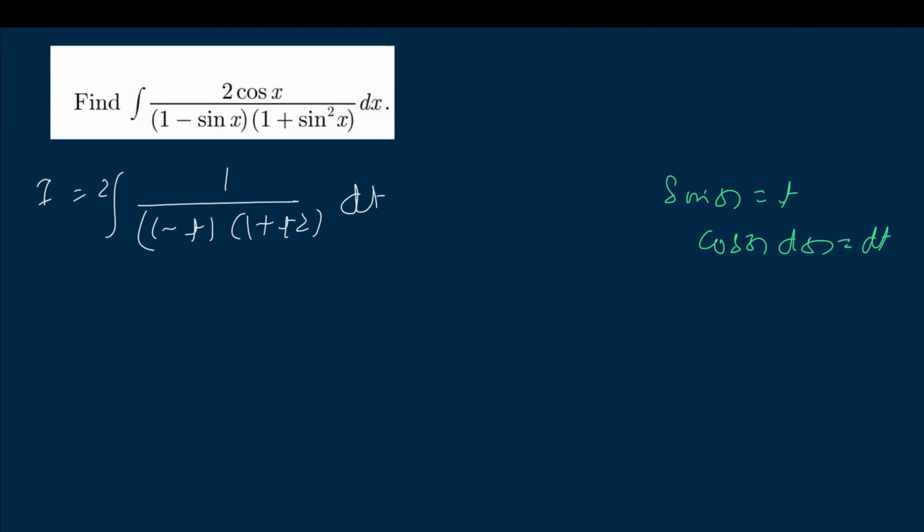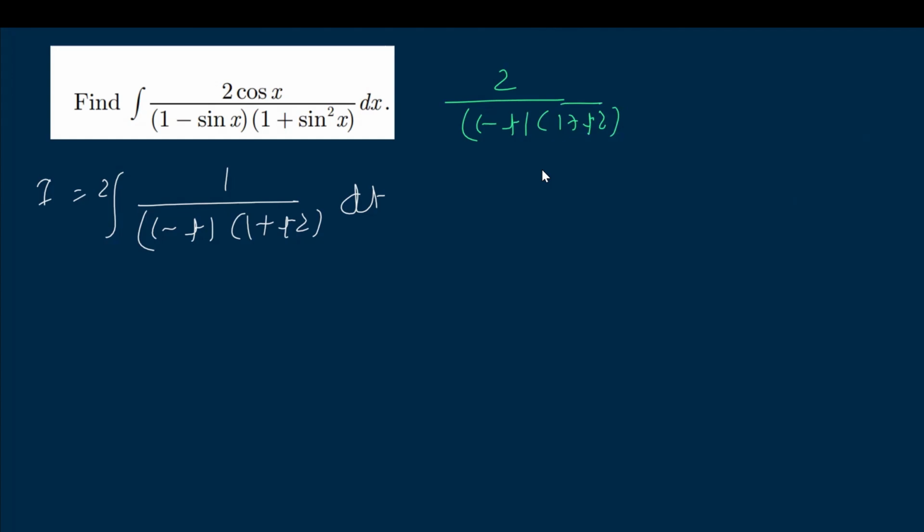Next, we know that we are going to apply the partial fraction in this case. The partial fraction I'm going to do on the right hand side. So this is 2 over 1 minus t into 1 plus t square, which should be written as A over 1 minus t plus, this is quadratic, so bt plus c over 1 plus t square.